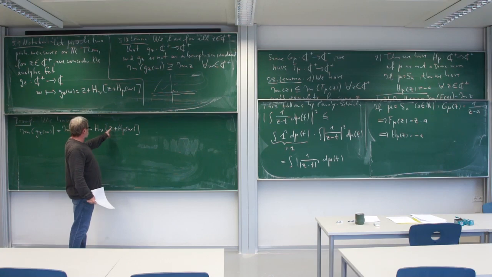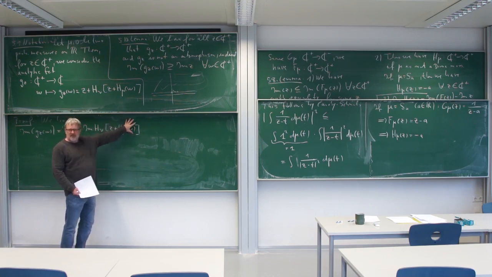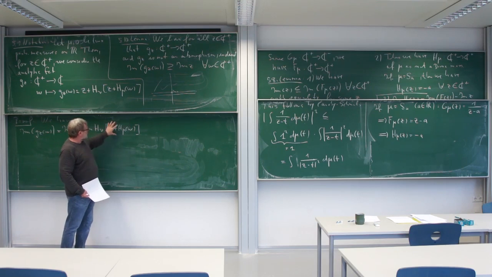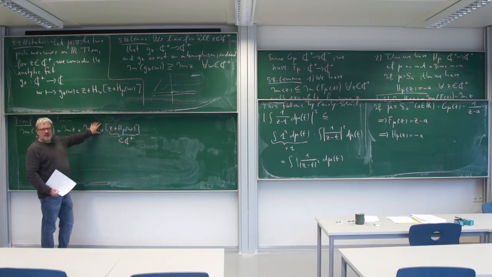Okay, so this z plus H_mu of w, of course this is in C plus, because we have seen that H is a mapping from C plus to C, or maybe in a special case that I have a Dirac mass, it could also be a real number. Okay, but z is in the upper half plane, so even if I have a Dirac mass here, this is in the upper half plane, so this means this here is in C plus, and this means I can apply H_nu to it.